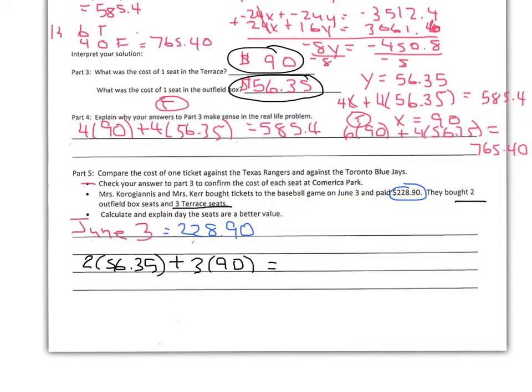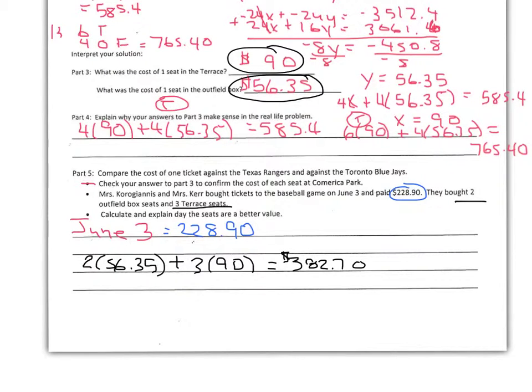What would our total be? You want to just throw that into the calculator. And you can do this on your phone if you're at home. So 2 times 56.35 plus 3 times 90.